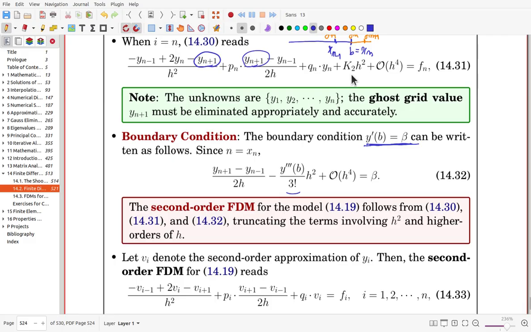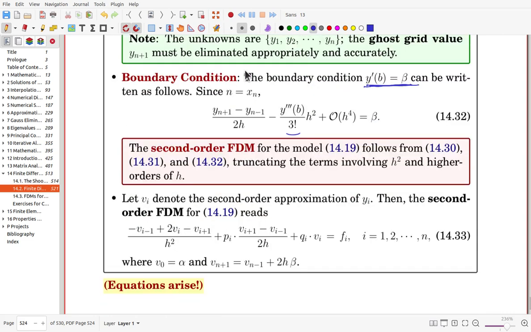If we consider the error term involved in this equation, then this is the exact equation. Rather than the exact value, now we try to approximate. So vi is an approximation of yi, and by dropping the error terms, we reach this one.